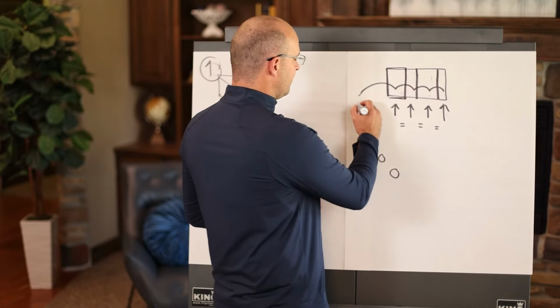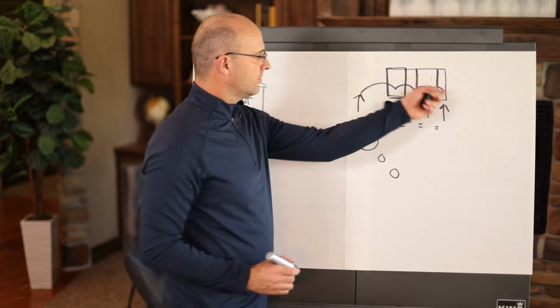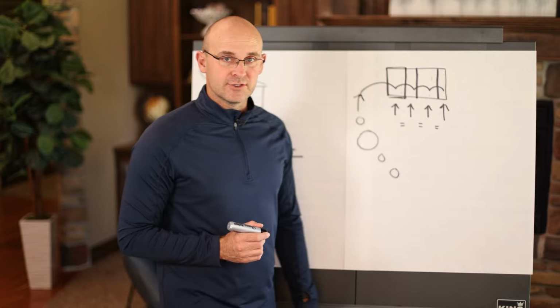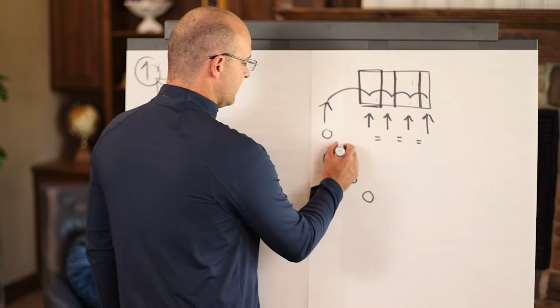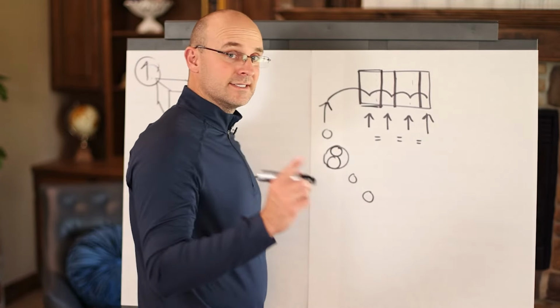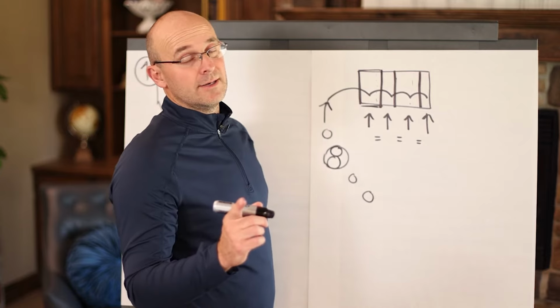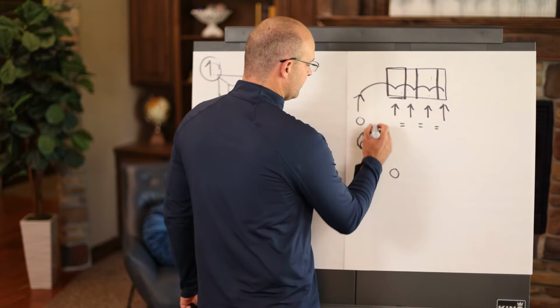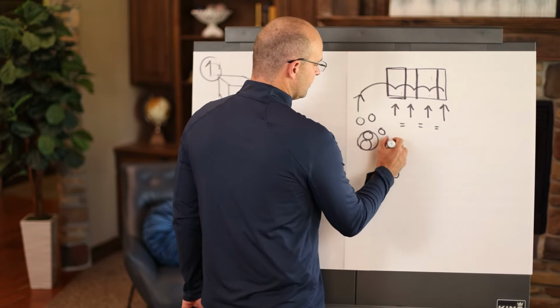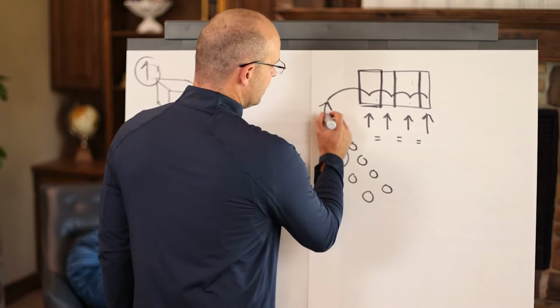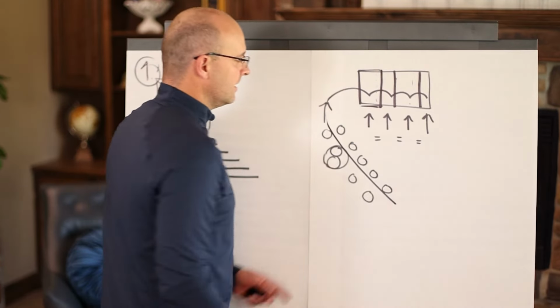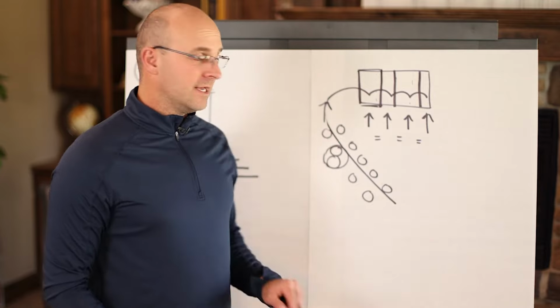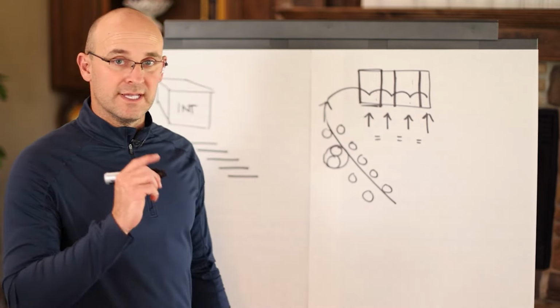You won't go any faster as you take this journey through the zones than that slowest trade. So you may need to break this up into 2 crews. I didn't say arbitrarily add more labor. I said you may need to break it up into 2 crews so that your crews actually look like this as they're going through, which means that they're leveled. If you don't level it, you'll never go faster than that slowest trade.